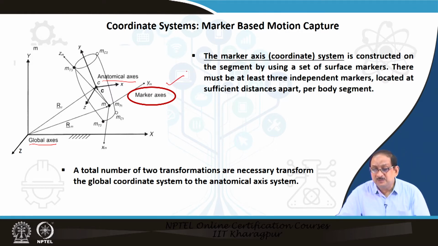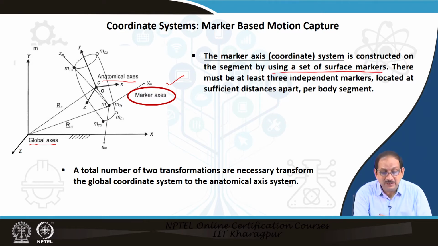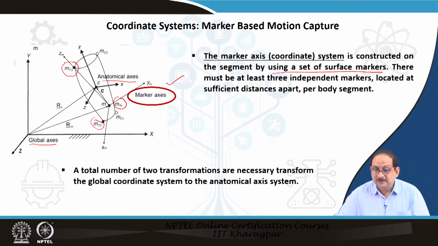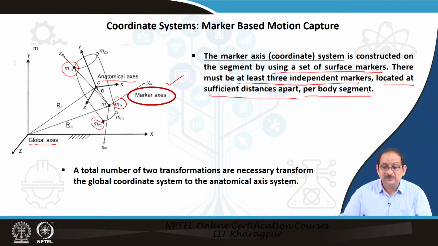The marker coordinate system is constructed on the body segment by using a set of surface markers as indicated by MT1, MT2 and then MT3. There must be at least 3 independent markers located at sufficient distance apart per body segment for the motion capture system.